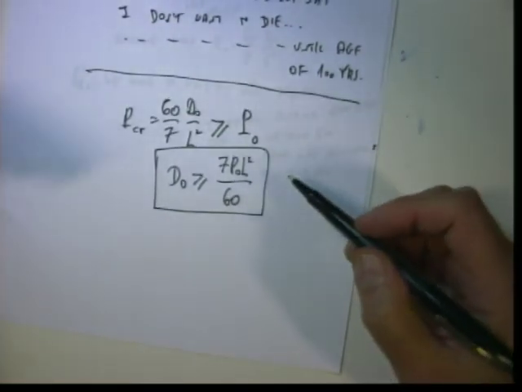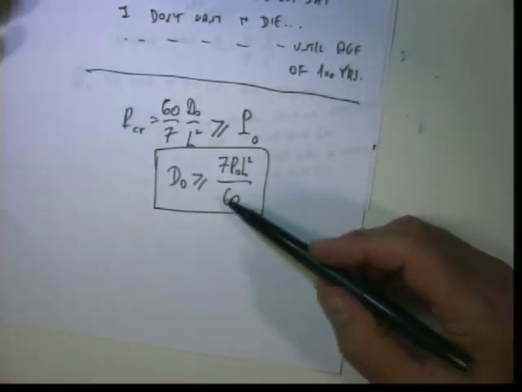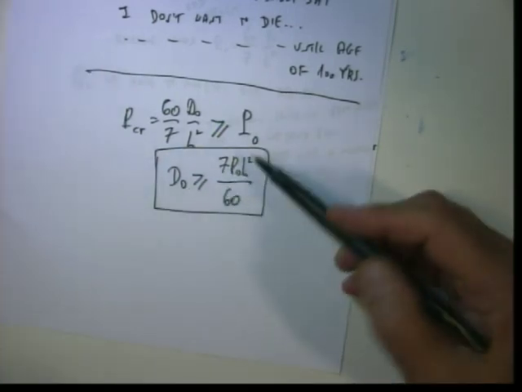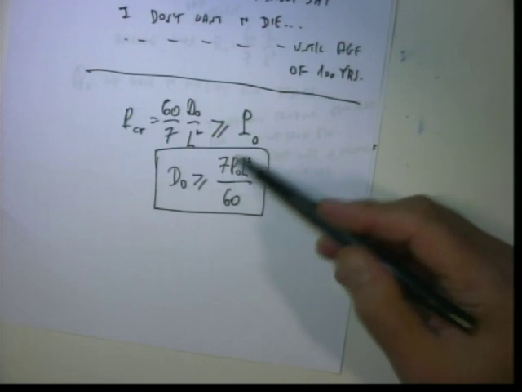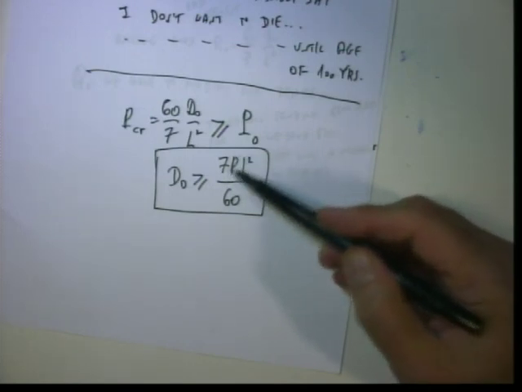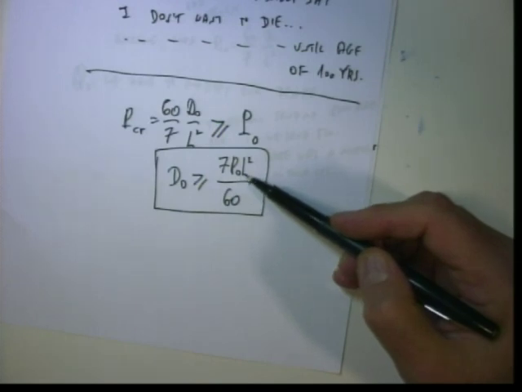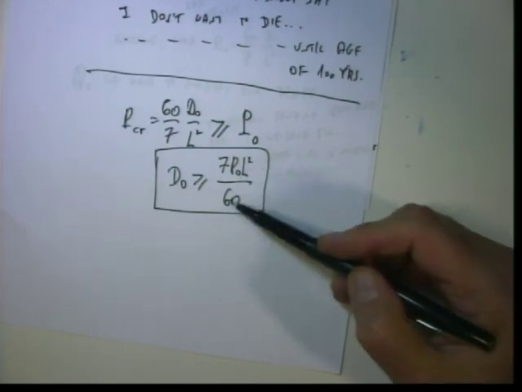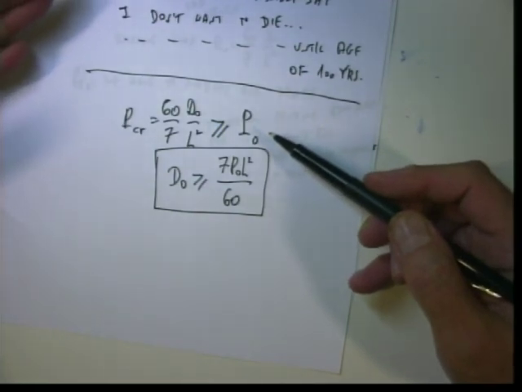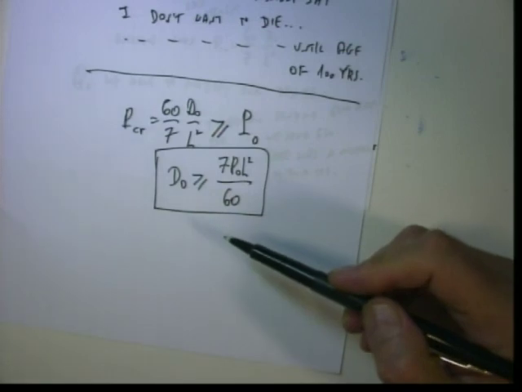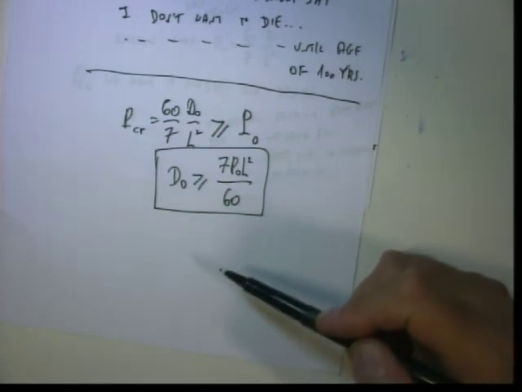That is intelligent design. I'm choosing D0 bigger than 7 P sub 0 times L squared divided by 60. That is what I want, not to buckle prior to P sub 0. Then P critical will be greater than P sub 0. That is what intelligent design would be.